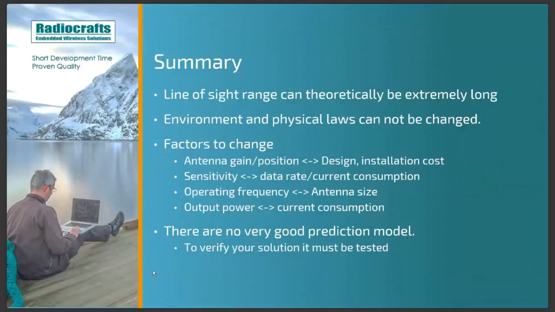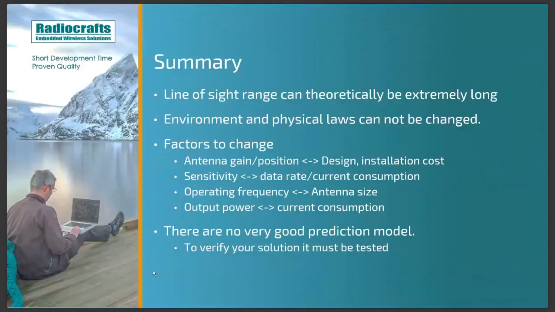What you can change is the antenna gain and position. That's a trade-off versus design and installation cost, I would say. Having a big external antenna is not that sexy. You can trade versus sensitivity, which will affect your data rate and thereby the current consumption. You also have to be careful, because going to a very low data rate may mean you skip retransmission, so it's not certain you will get the actual benefit in the real world.